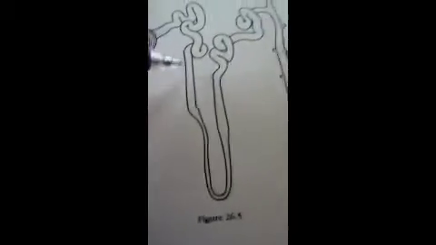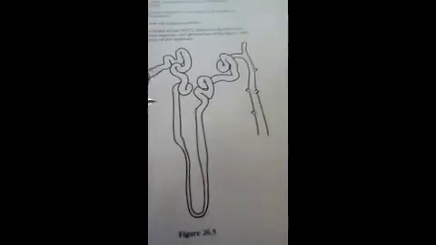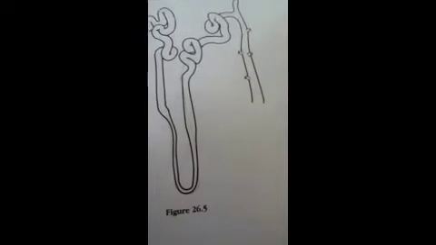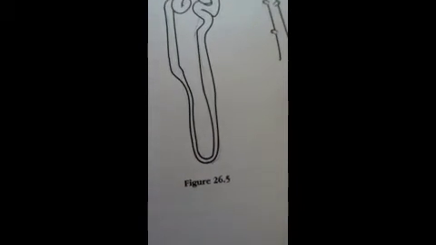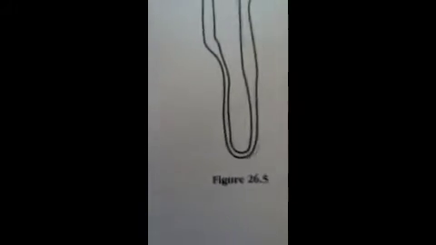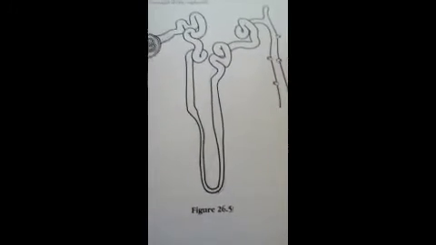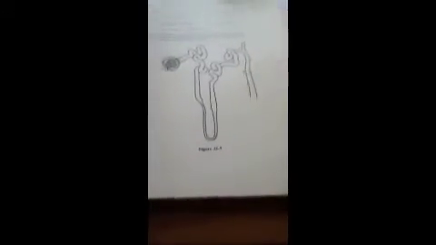If you look at the wall of the descending limb microscopically, you're going to see thin squamous epithelial cells in the thin segment of the loop. So the loop can actually be divided into thin segments and thick segments, and we're not really going to go into too much detail about that.